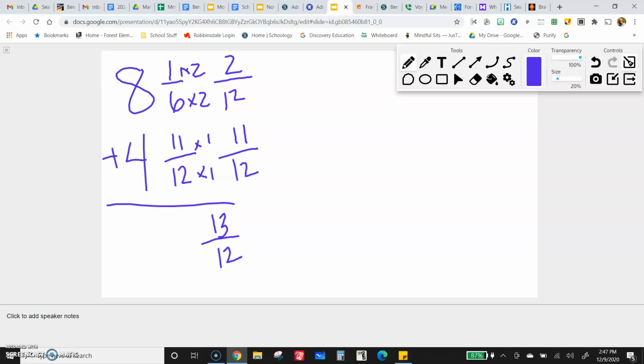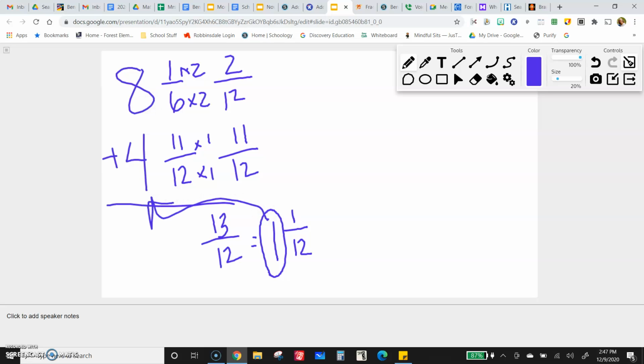Oh, that's improper. So I need to stop for a second and say, okay, 13/12. What is that equal to as a mixed number? Okay, well, if I do 12/12 is 1 whole, and then I still have 1/12 left over. Well, I take this whole number, I put it with my other whole numbers.